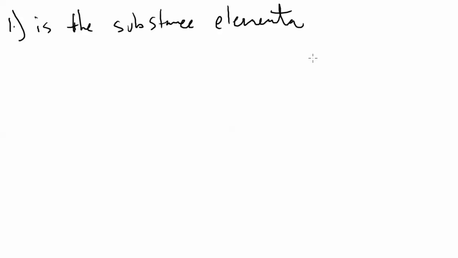The first one is, is the substance elemental? Because if it is, then you know that the oxidation number is 0. The second question that you should ask yourself is, is the substance ionic?